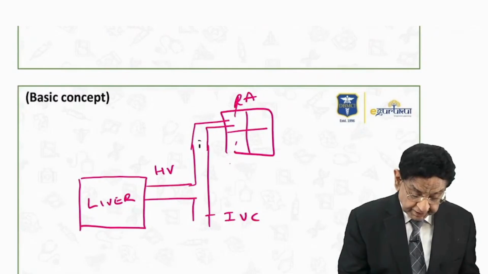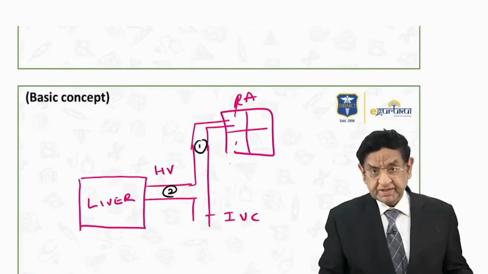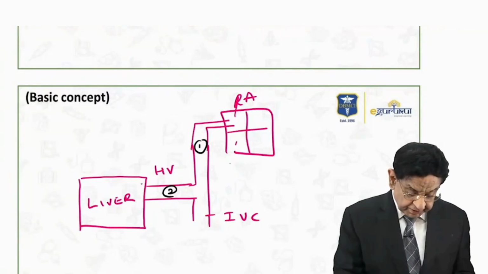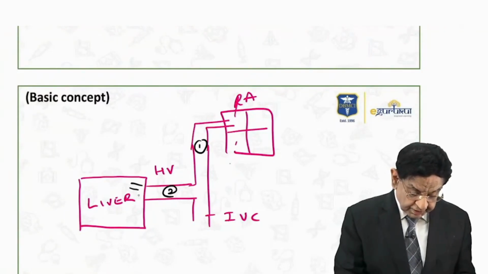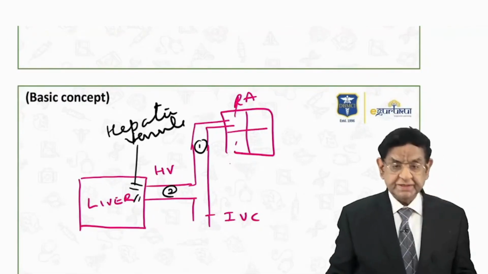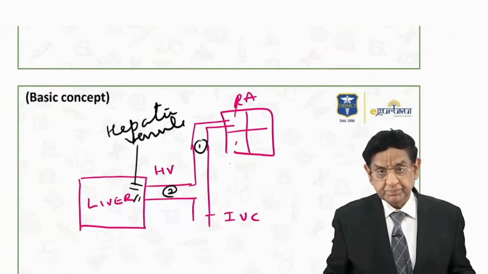Number one, maybe at the level of hepatic veins also. And there are certain hepatic venules before they really go. Blockage can be at the level of hepatic venule also.